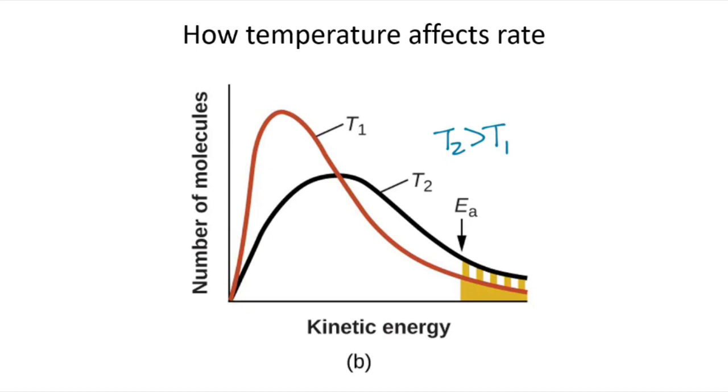We can see that at temperature 1, the range of kinetic energies is smaller. So there are fewer different kinetic energies, and we can see that the average is a little bit lower than for temperature 2. At temperature 2, we have a greater range of possible kinetic energies, and we see that the average is a little bit higher.